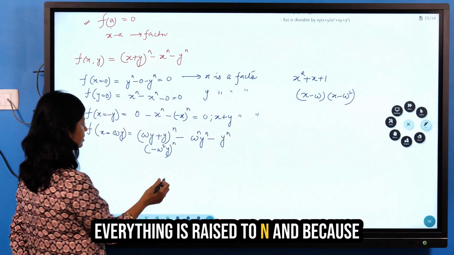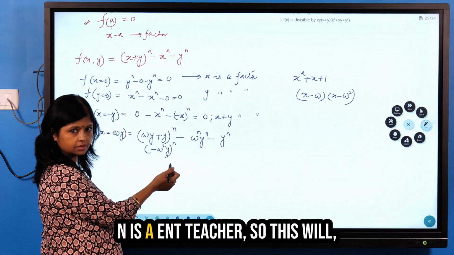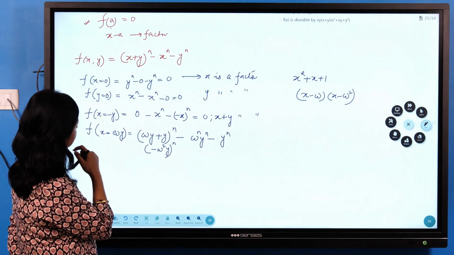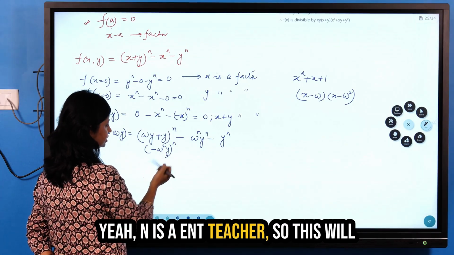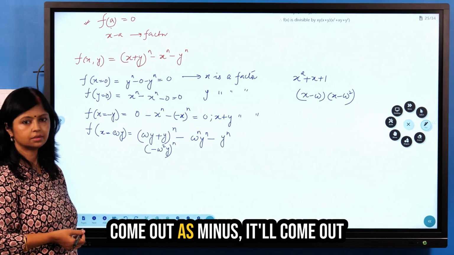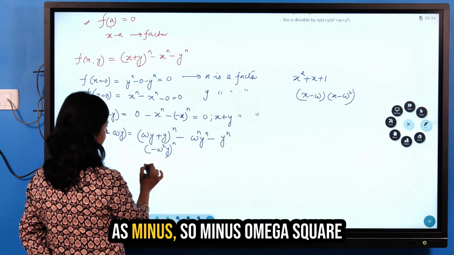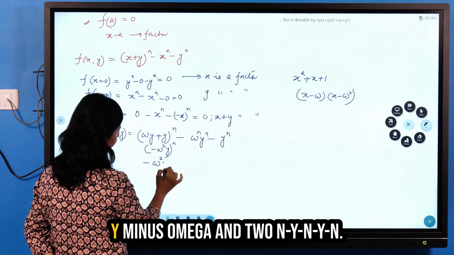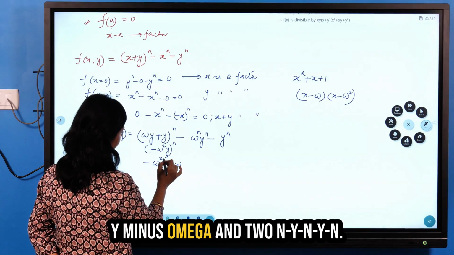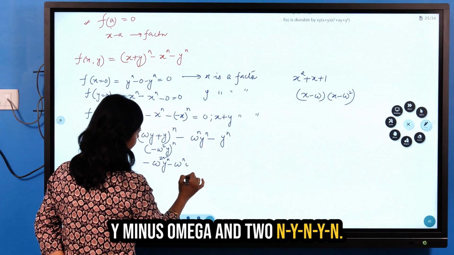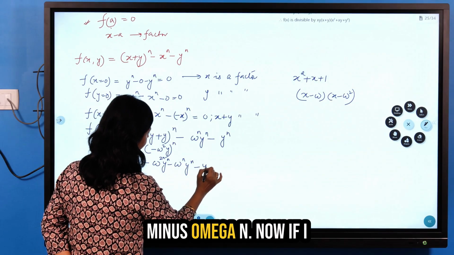Everything is raised to n, and because n is an odd integer, this will come out as minus. So minus omega square y whole to the power n minus omega to the power n y to the power n minus y to the power n.